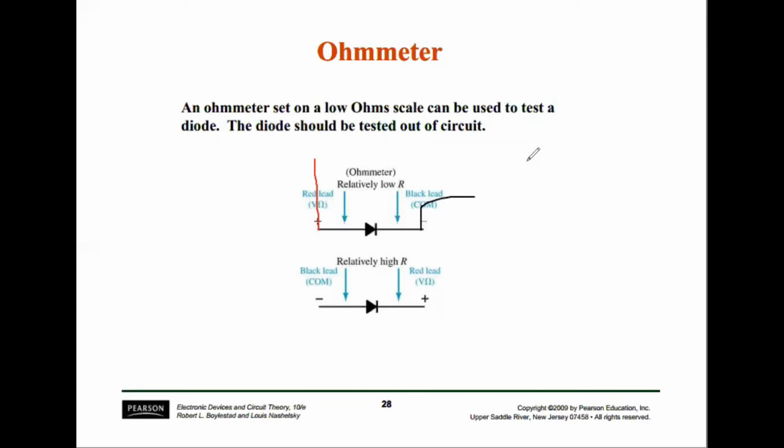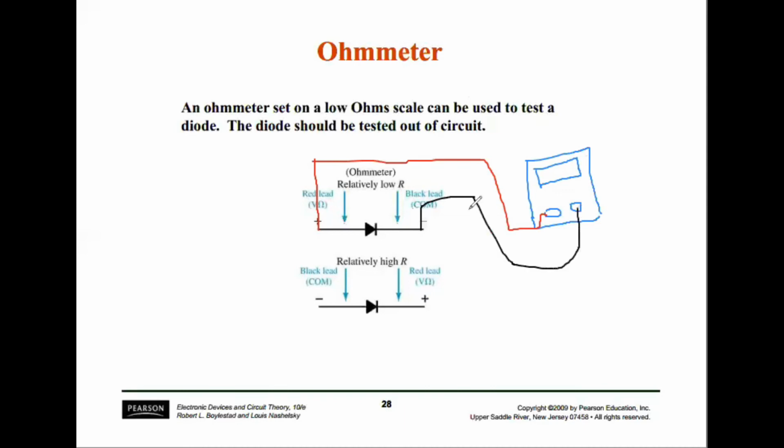Let's say I have an ohm meter here. It has terminals. It has a screen. This red is the indication of the positive terminal or positive supply, while the black is the negative or common supply. These are just like the applications of the voltage.